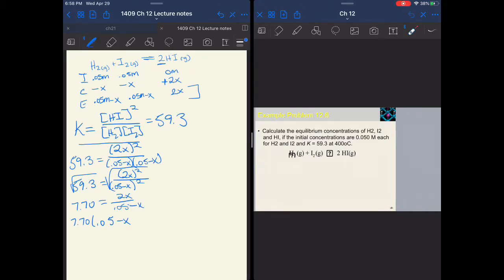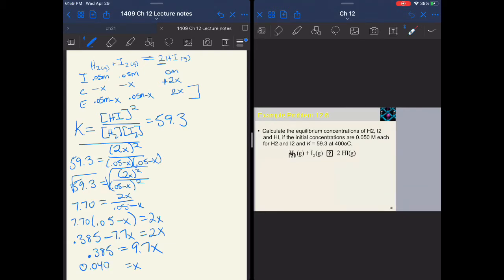Then if we distribute that 7.7, we have 0.385 minus 7.7x equals 2x. Then we're going to add 7.7x to both sides. We're going to see 0.385 equals 9.7x. Now we can actually just solve for x. We're going to get 0.040. This is not the answer.